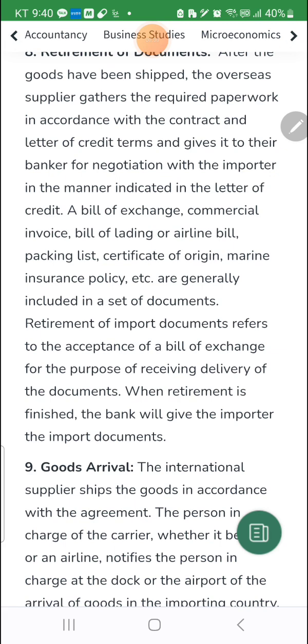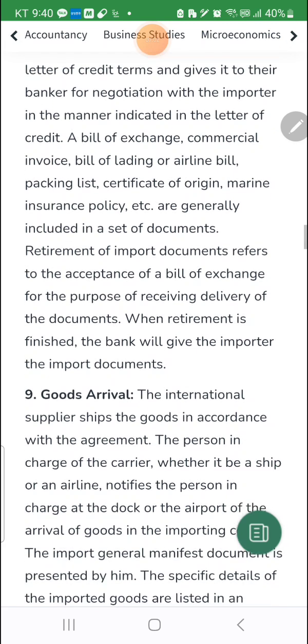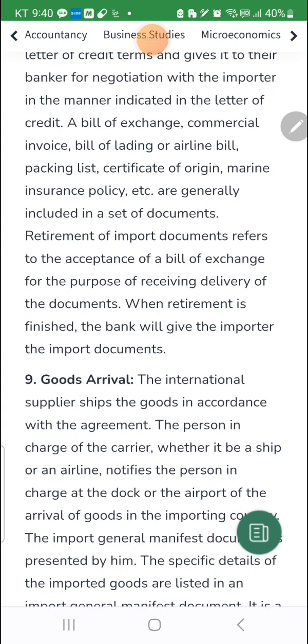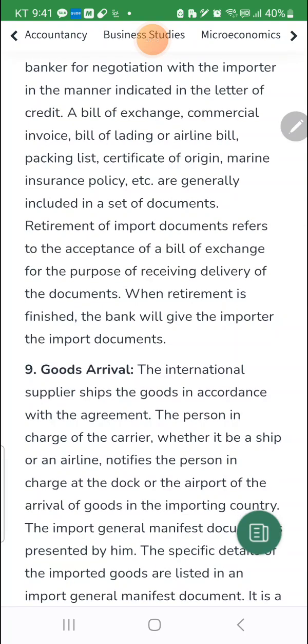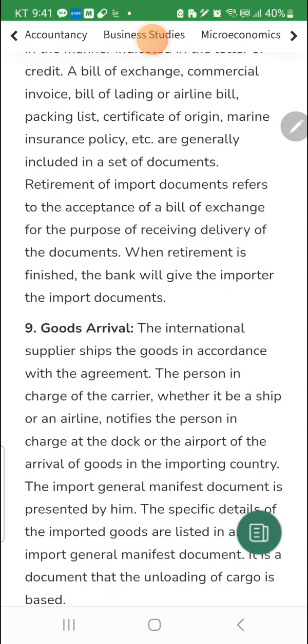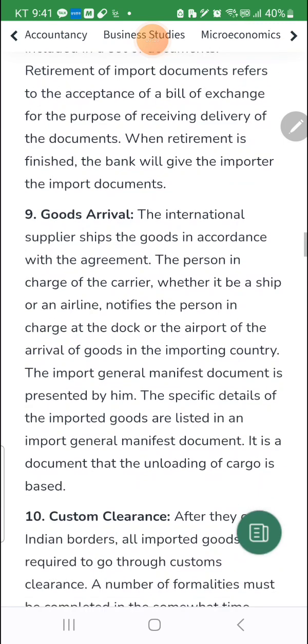When retirement is finished, the bank will give the importer the import documents.